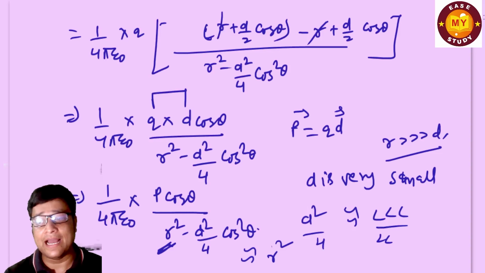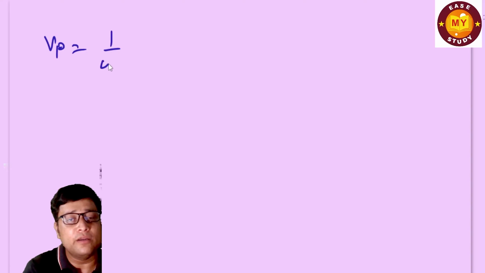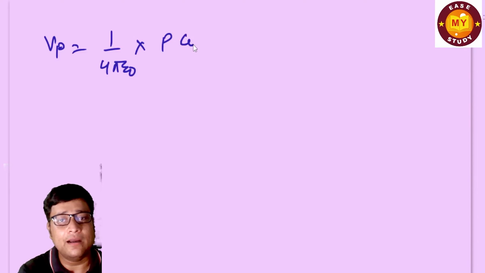So I will say that the electric potential at point P will be 1 by 4 pi epsilon naught into p cos theta by r square.